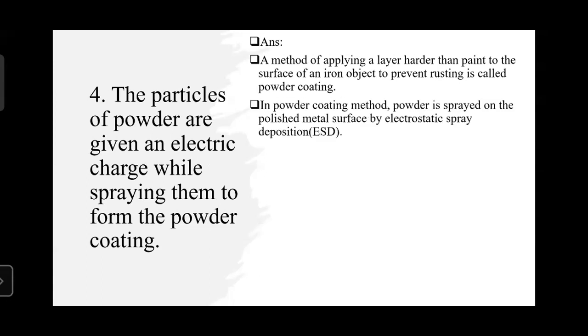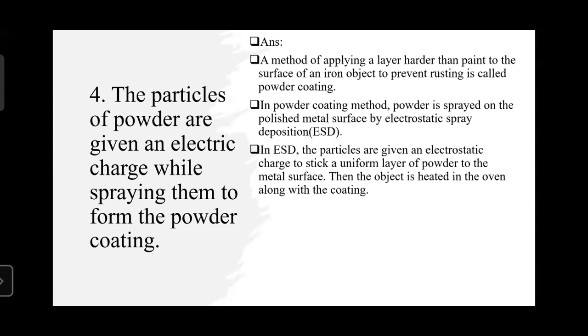Now, in this powder coating method, powder is sprayed on the polished metal surface by electrostatic spray deposition, that is ESD machine. In this ESD machine, the particles are given an electrostatic charge to stick a uniform layer of powder to the metal surface.